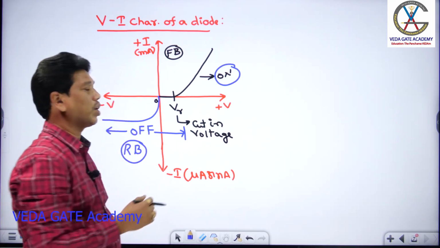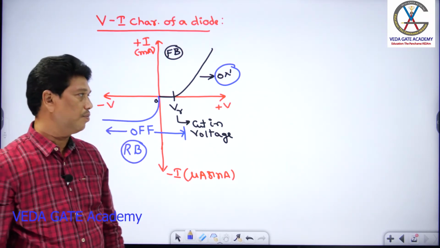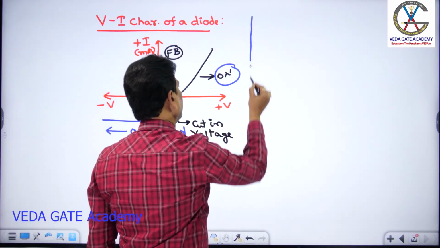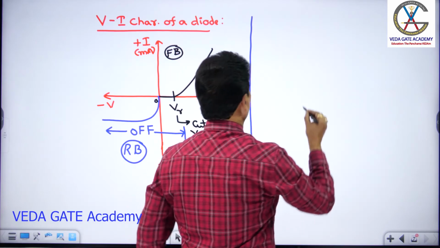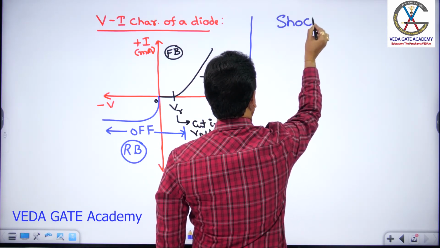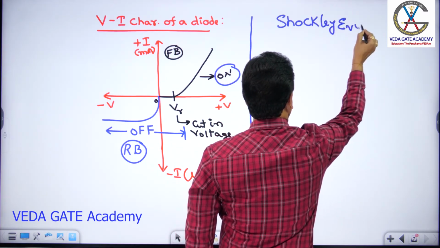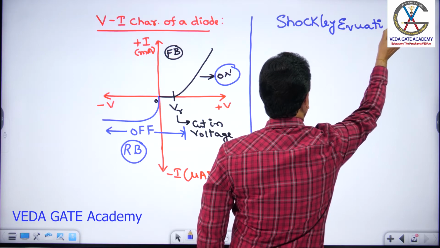Now let me check the equation of current from Shockley. This is the Shockley equation for a diode. It can also be applicable for a BJT.